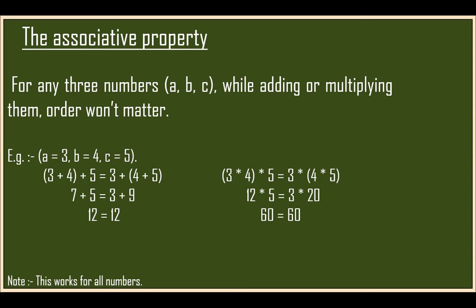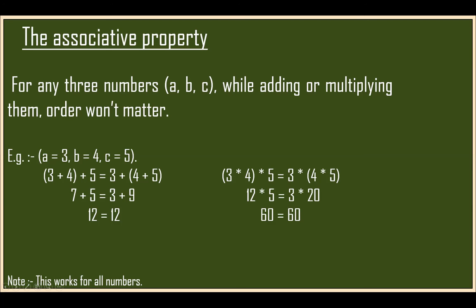We're again taking the same values. Let us say we want to add 3, 4 and 5. What should we add first: 3 and 4, 4 and 5, or 5 and 3? This property says that no matter in which order you add, the answer is going to remain the same.